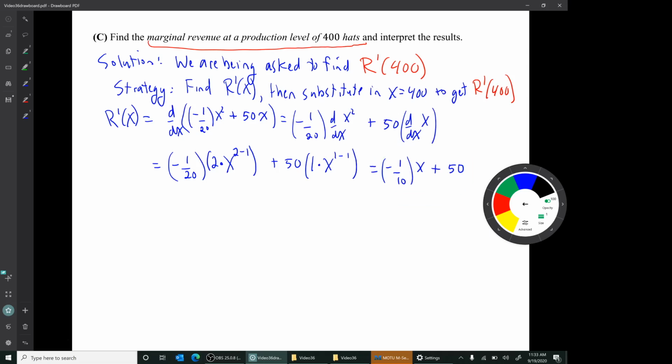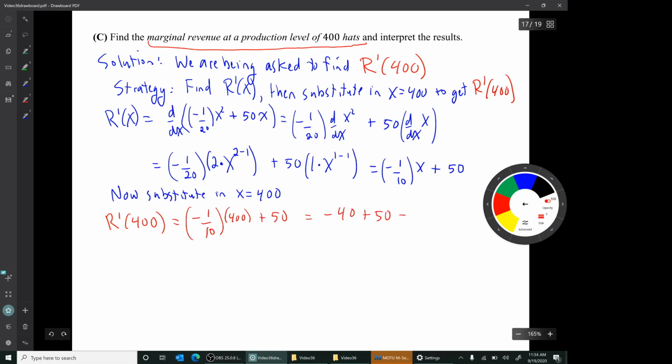Second part of this is to substitute in x = 400 to get R'(400). So there's our result. The marginal revenue at a production level of 400 hats is that quantity, 10.